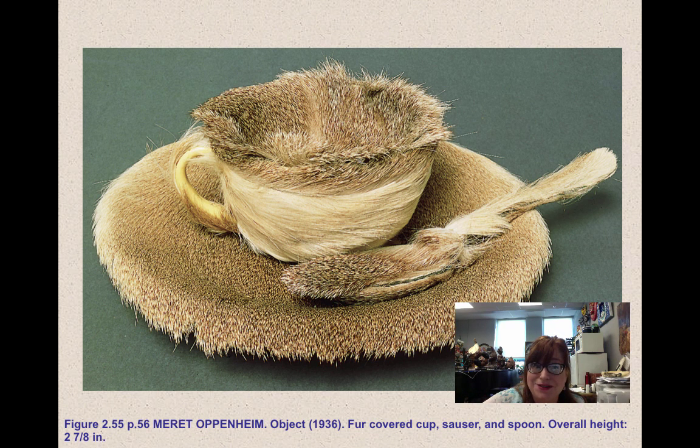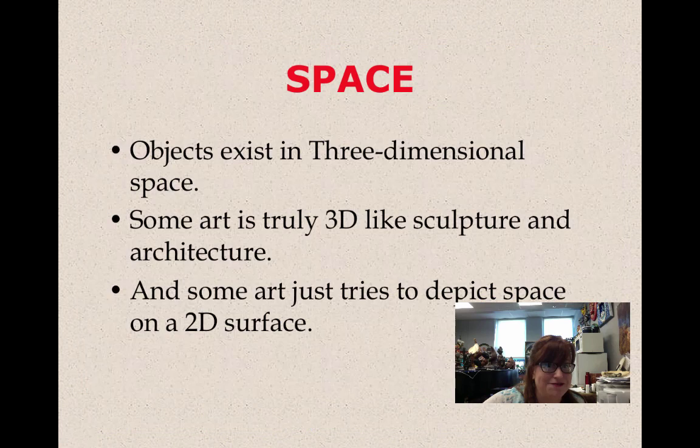And what they like to do is take things and render them in a way that was very realistic, but put things together that don't go together. So here we have a fur-covered cup, saucer, and spoon. And when I show this most of the time, my classes kind of go, ew, because you're thinking about pouring coffee into that and then you're completely grossed out. So subversive.